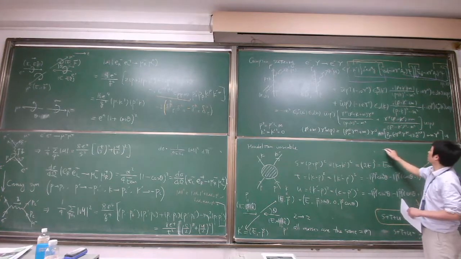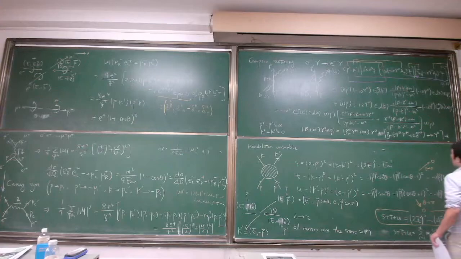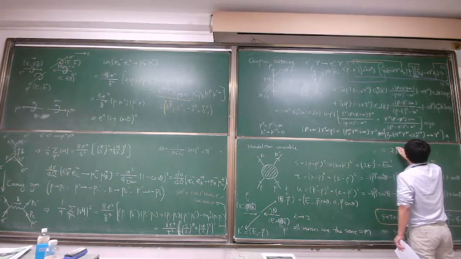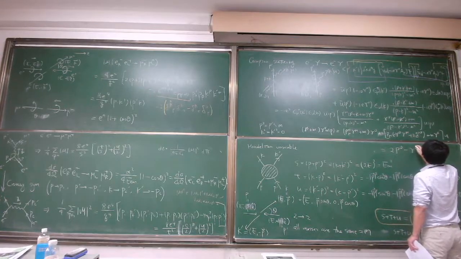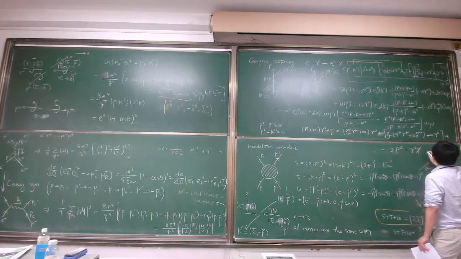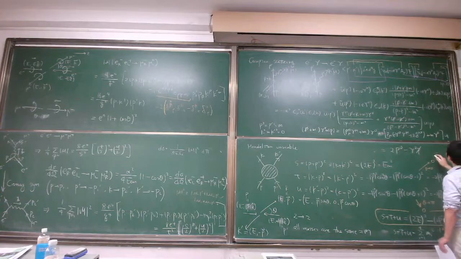And this is equal to 2 P nu minus gamma nu P slash, minus gamma nu M, acting on u.